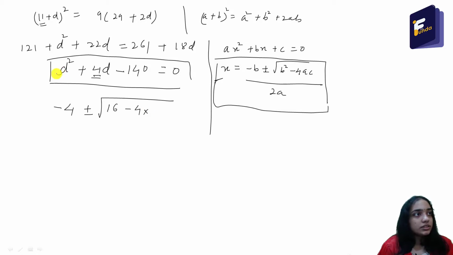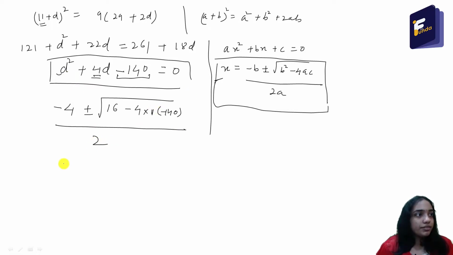Here a is the coefficient of d square. Earlier a was the coefficient of x square, so here the coefficient of d square is 1. Minus 4a into c, c here is minus 140, whole by 2a, 2 into 1, that is 2.